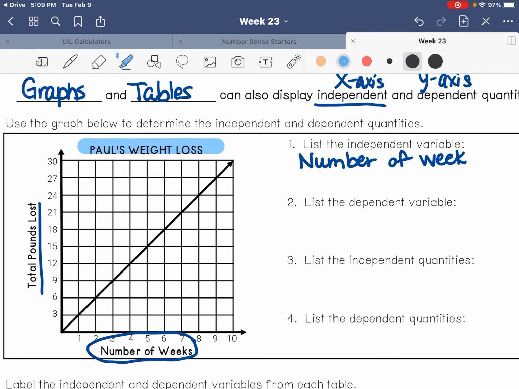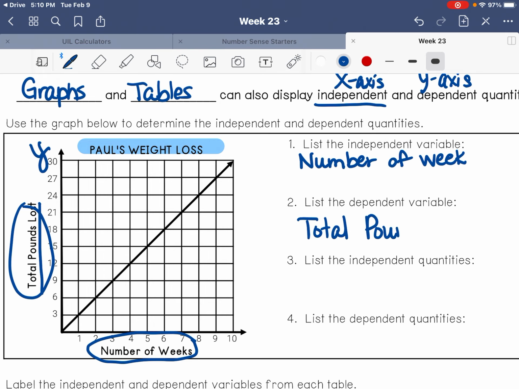So clearly Paul is losing weight over the course of time, over the course of weeks. So the dependent variable is right here on the y-axis, because remember the y is always the dependent variable. It's the number of pounds lost, because if no weeks go by, there can't be any weight loss.